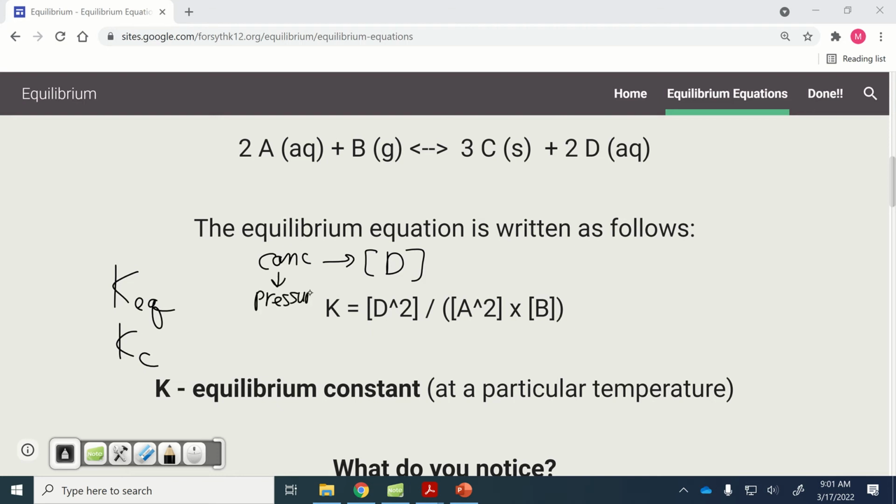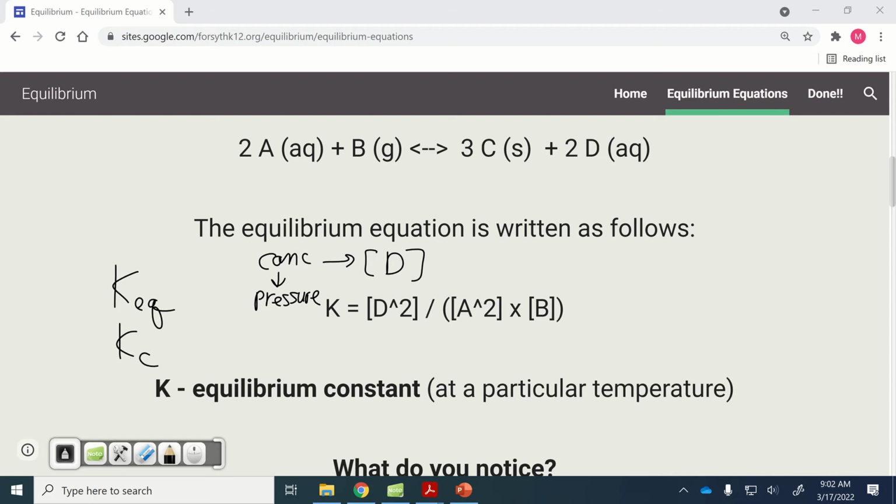Those are the two things we could use, and we'll primarily use concentration. But it would be [D] squared divided by [A] squared times [B]. So it would be the compound D, its concentration squared, divided by the concentration of A squared times the concentration of B, no square.